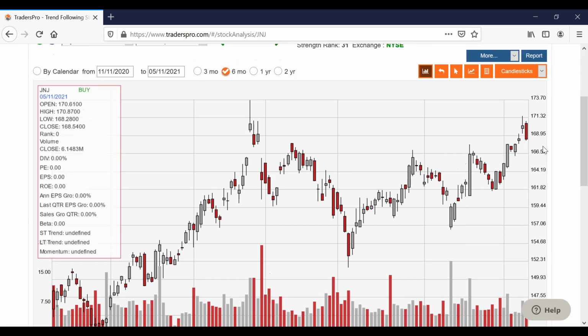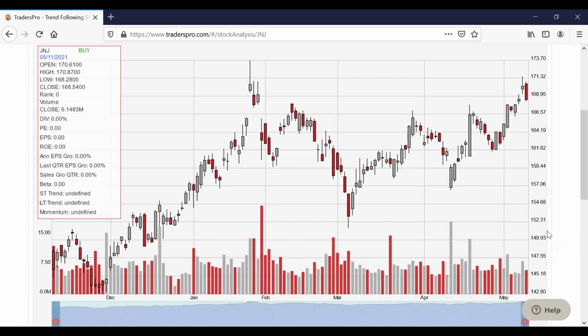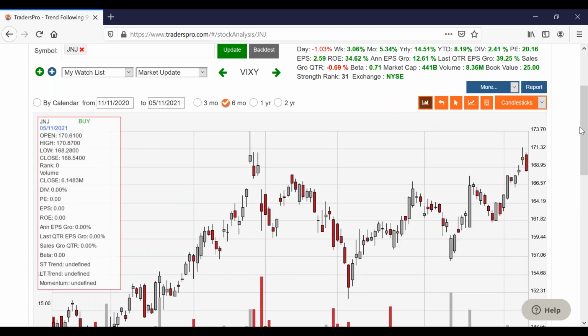J&J is a possible bearish engulfing after a run up. The volume looks maybe average, maybe a little above average. It is engulfing the body from yesterday, but again, yesterday's intraday high is above where we opened today. This would be one of those question mark ones.